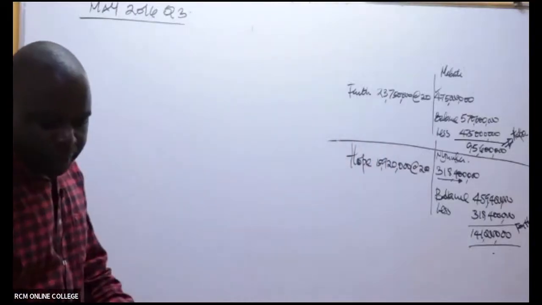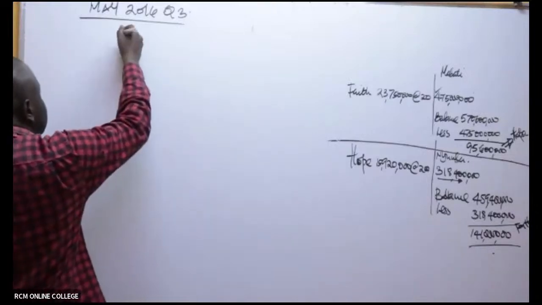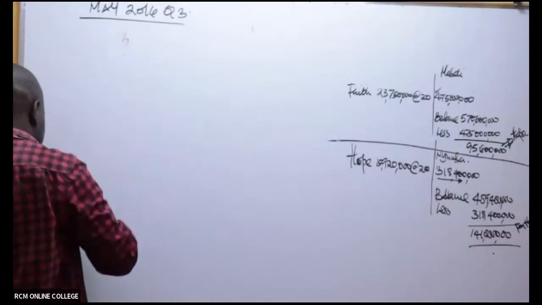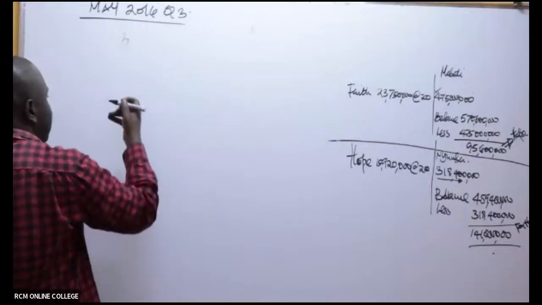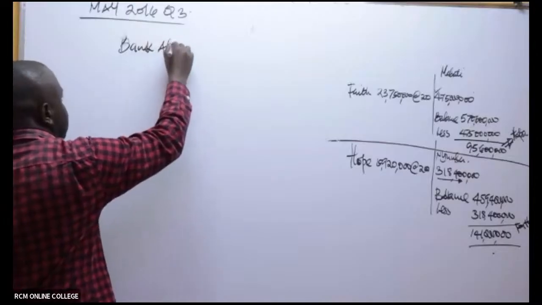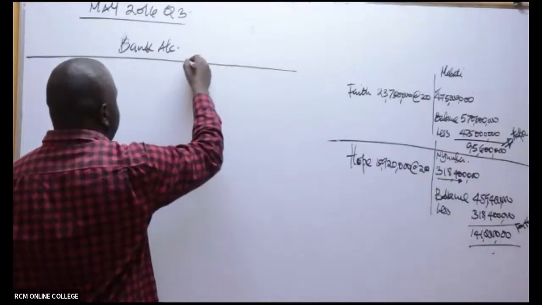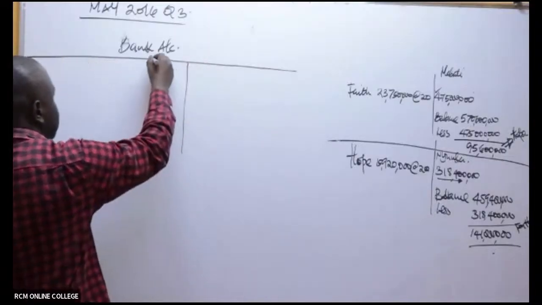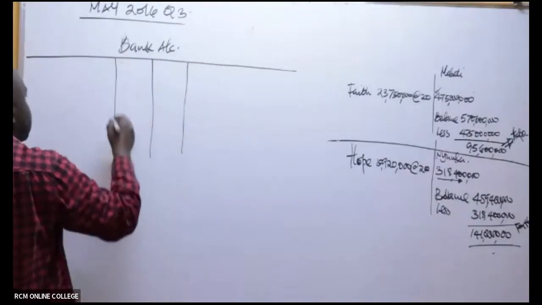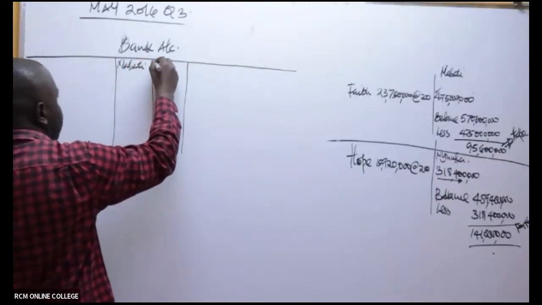So in this case, we have the bank account, the new bank account after the companies have been formed. Remember, we already have two companies, Mabati and Nyumba.